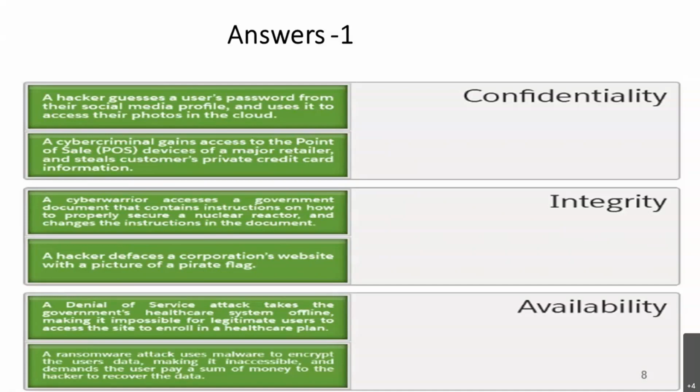Third is a denial of service attack. It takes the government's healthcare system offline, making it impossible for legitimate users to access the site to enroll in a healthcare plan. It is an attack on availability.